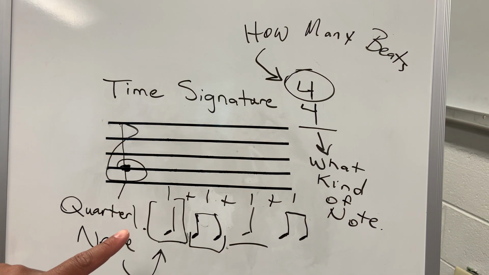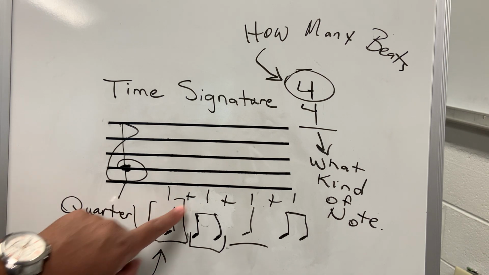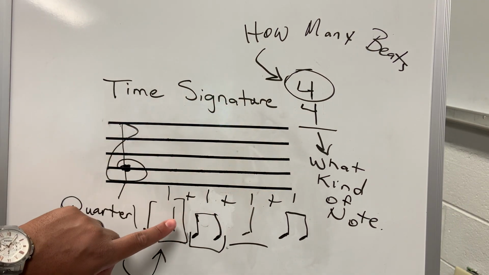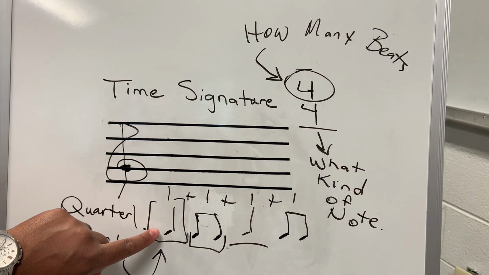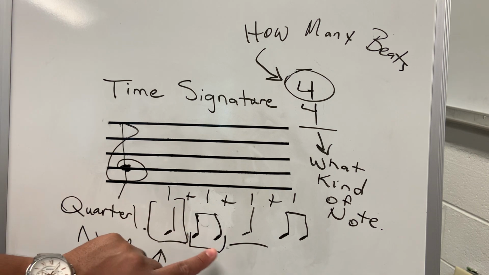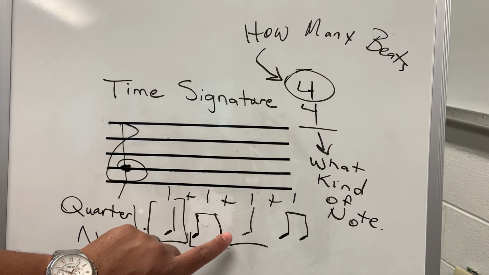In measure 1, which is number 1 here, I need 4 beats. I drew a quarter note, and since that's the kind of note that gets one whole beat, that means I already have 1 beat right here. Quarter note, bam, 1 beat. Now, I drew a pair of eighth notes. That is not 2 beats together.